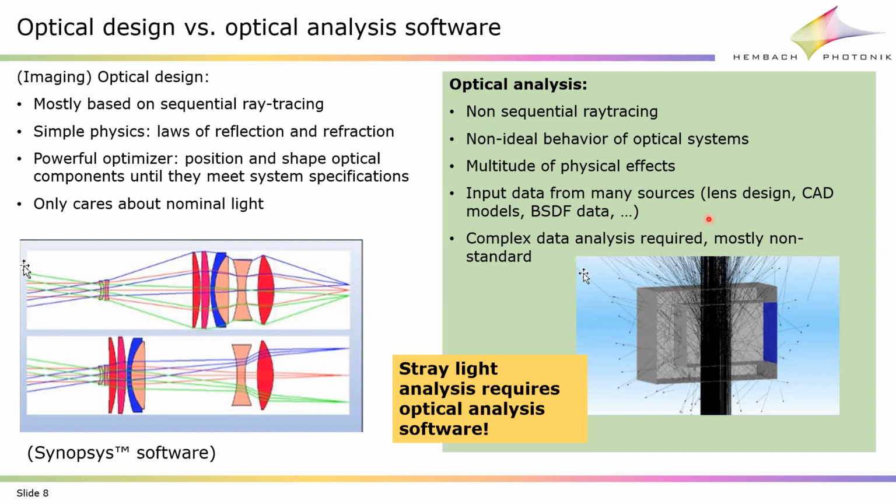And furthermore, it's very typical that there is a quite complex data analysis required. And it's mostly non-standard. So for each project, you have to analyze differently. So Straylight analysis definitely requires optical analysis software.